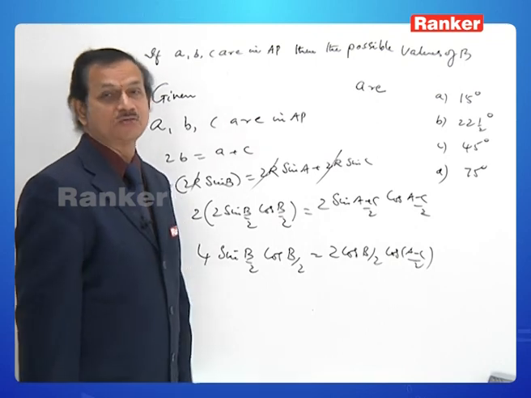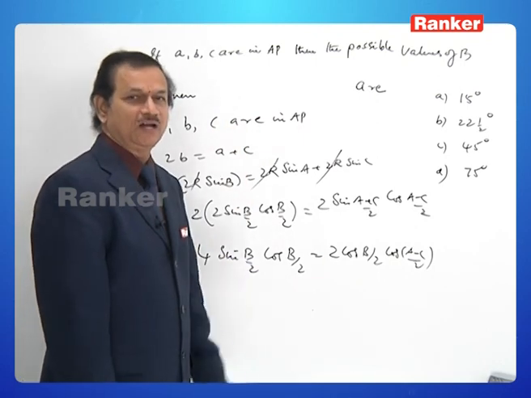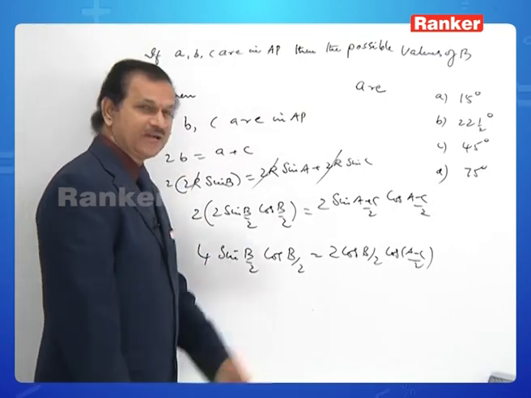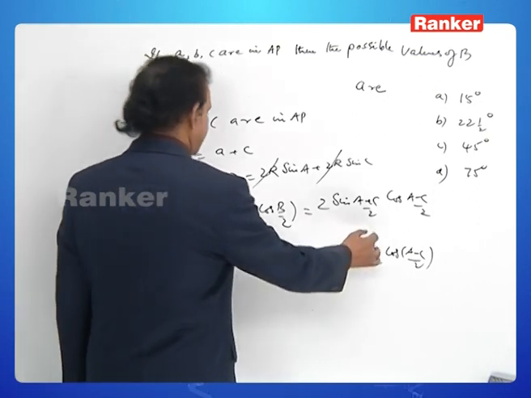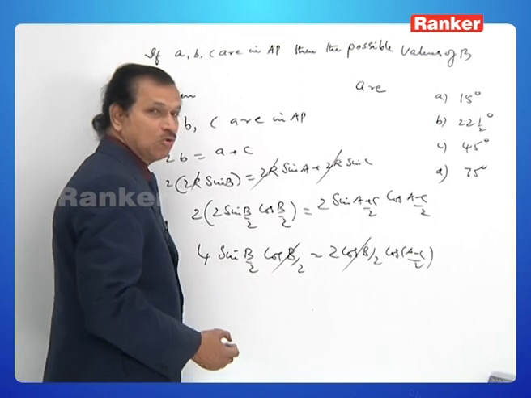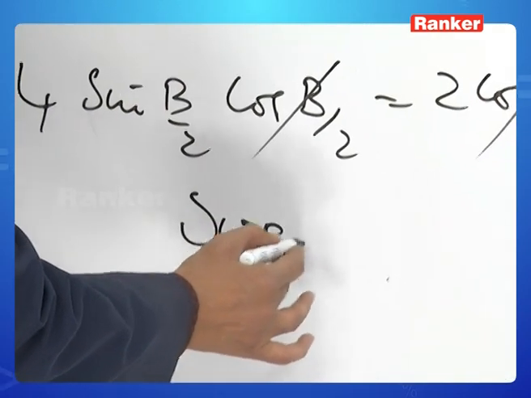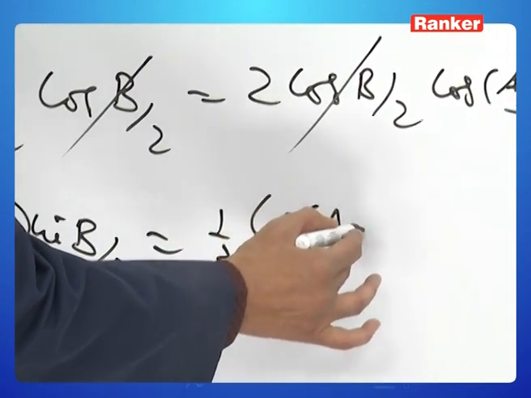If at all B by 2 is 90, B is equal to 180, which is foolish. In a triangle, one angle is 180 is foolish. Therefore, B by 2 cannot be 90. That is, cos B by 2 can never be 0. So that you can cancel cos B by 2 and 1 2 also. Therefore, sin B by 2 is equal to half into cos of A minus C by 2.